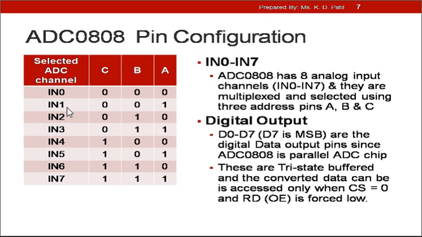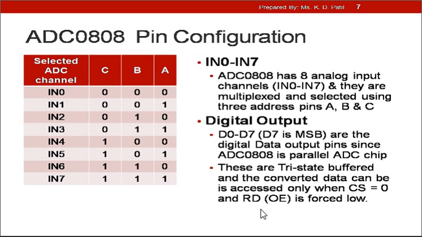Then the ADC will convert the analog signals available on channel 1 into digital numbers, and those digital numbers can be used by the 8051 microcontroller for further processing.